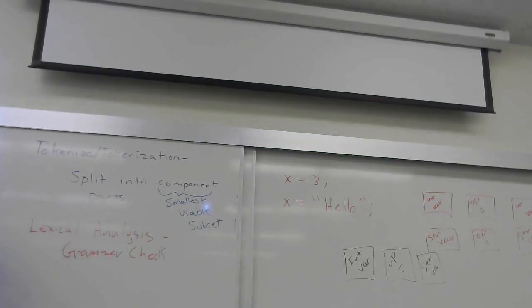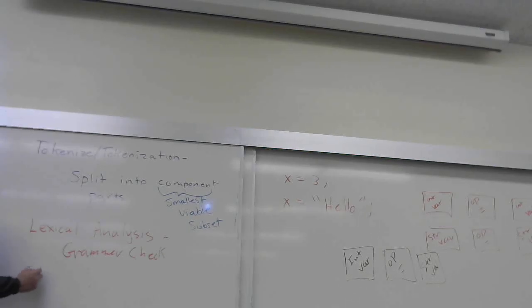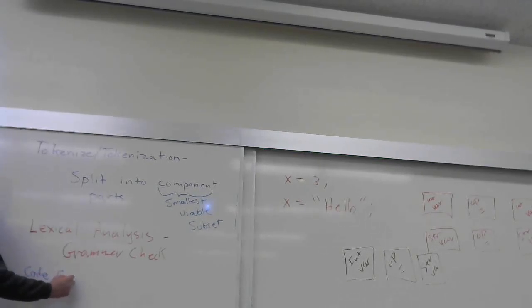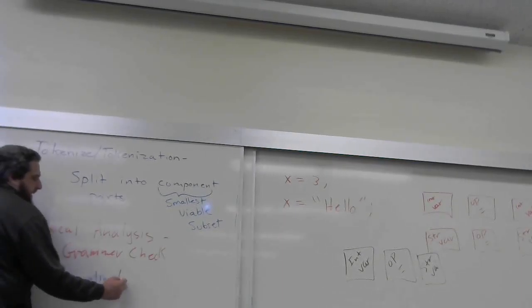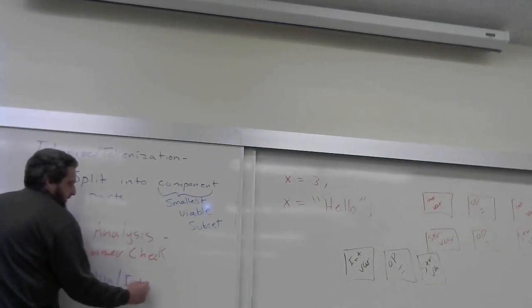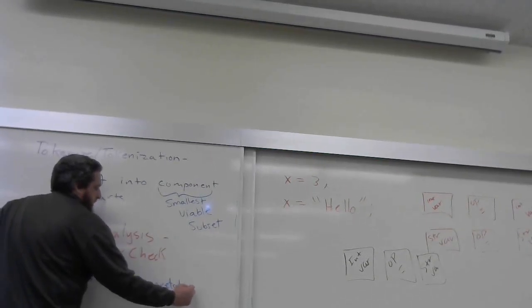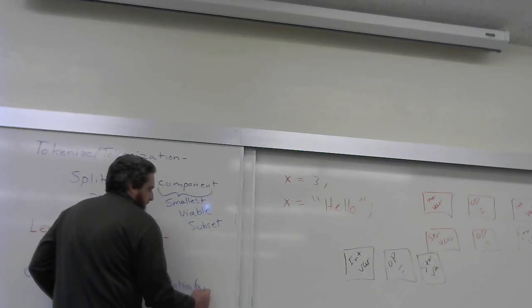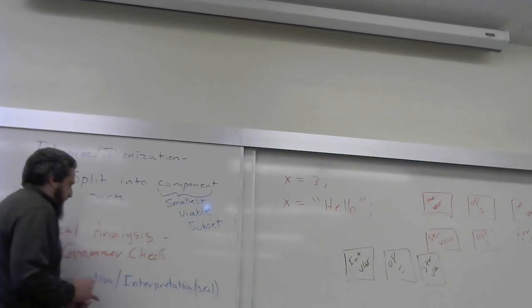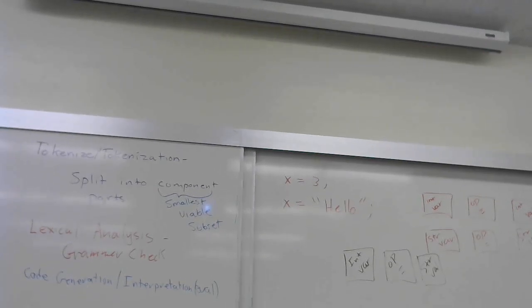After we do our lexical analysis, we want to be able to do either code emission or code generation, or interpretation. The other word for interpretation is eval or evaluation. So we're going to do code generation or interpretation / evaluation.